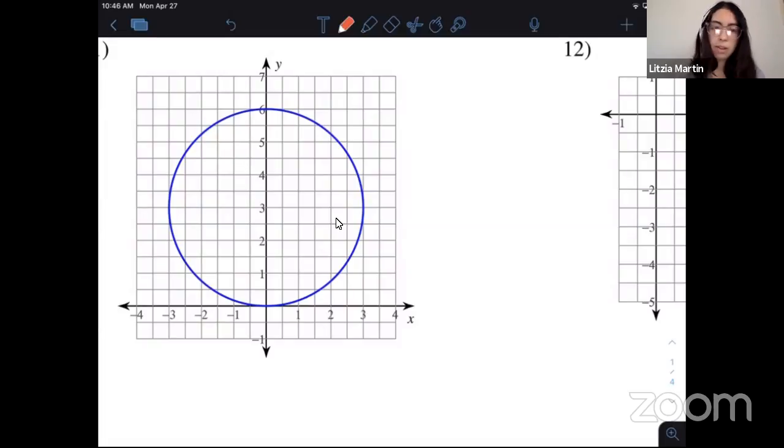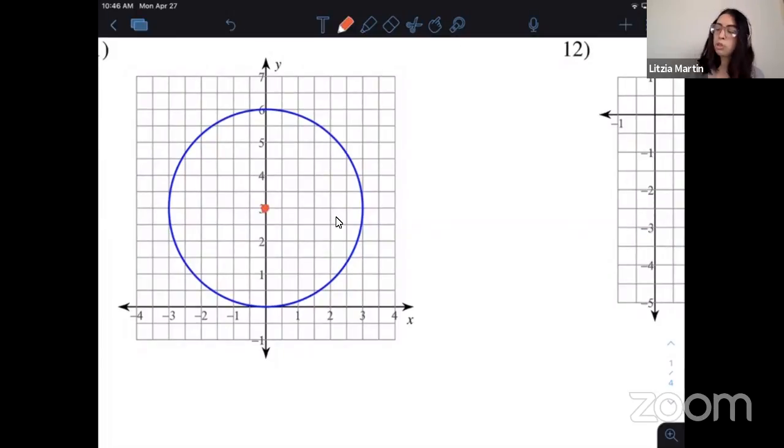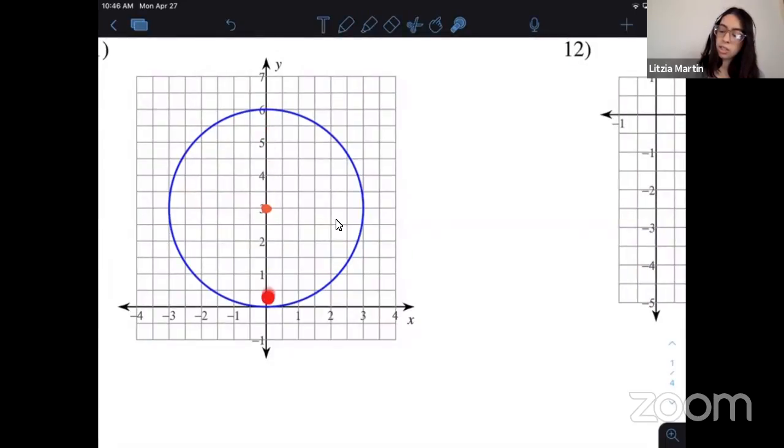We can kind of eyeball it and see that this is the center, but you can always just go ahead and calculate the distance, right? This total distance is 6. So that means that the center is going to be halfway through that diameter. So here at 3. And then same thing in the other direction here.